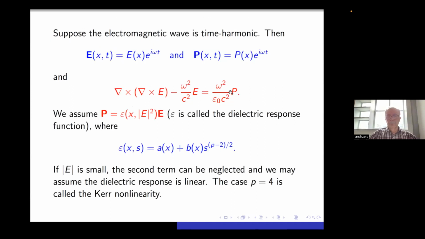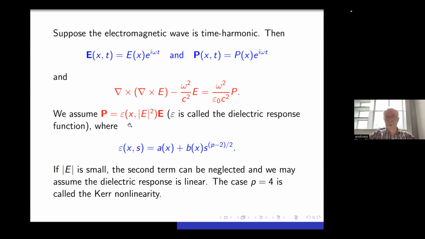And up to now, everything is linear. But now we make an assumption, which is usual, that polarization is a nonlinear function. So this is how nonlinearity will enter here.